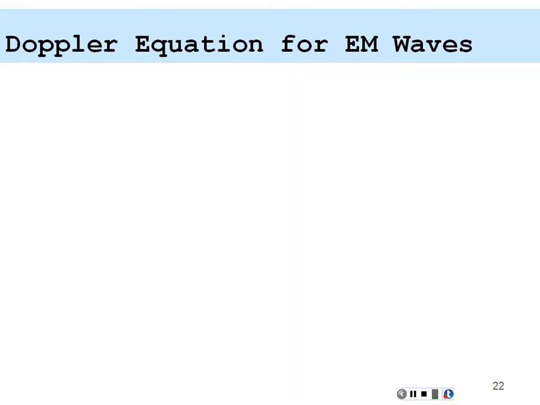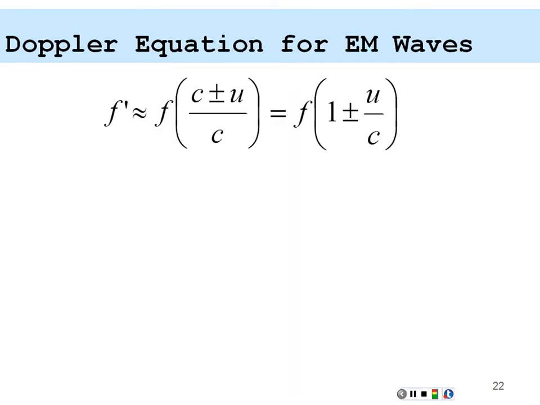So here's the Doppler equation for electromagnetic waves. The observed frequency is equal to the actual frequency times 1 plus or minus the ratio of the relative motion of the source and observer to the speed of electromagnetic waves, 3 times 10 to the 8 meters per second.